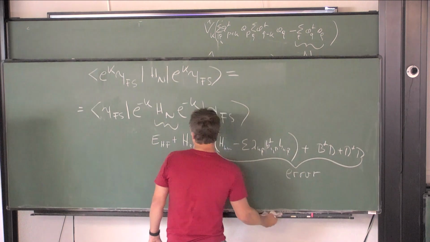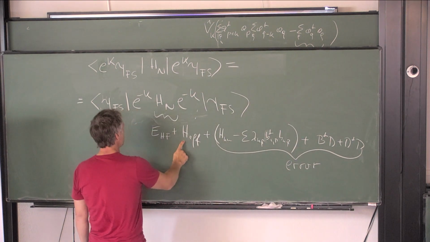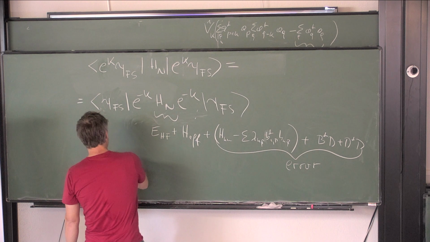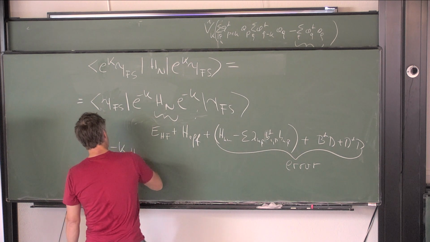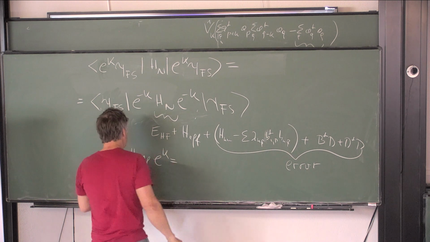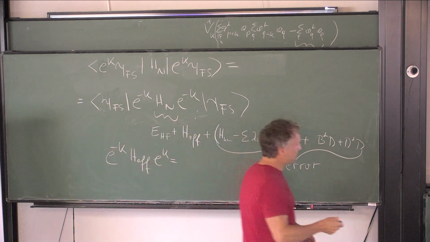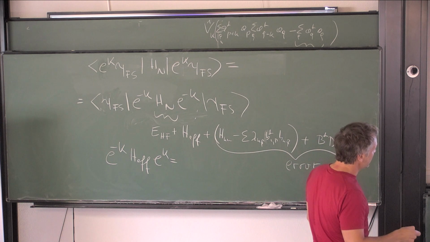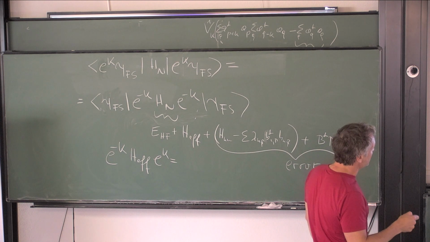Yeah, and now one needs to choose the case so that E of k, that you can diagonalize, that you can, with this part, diagonalize this effective Hamiltonian.